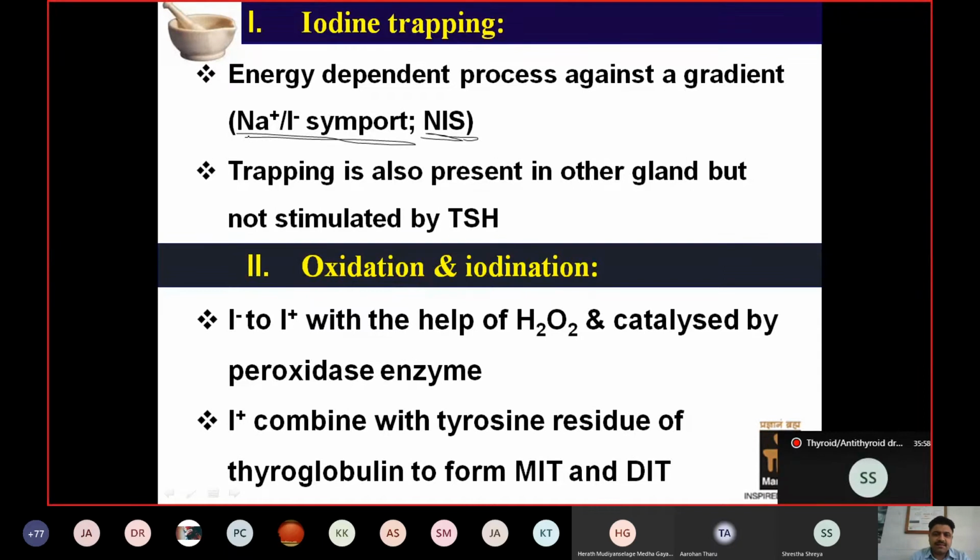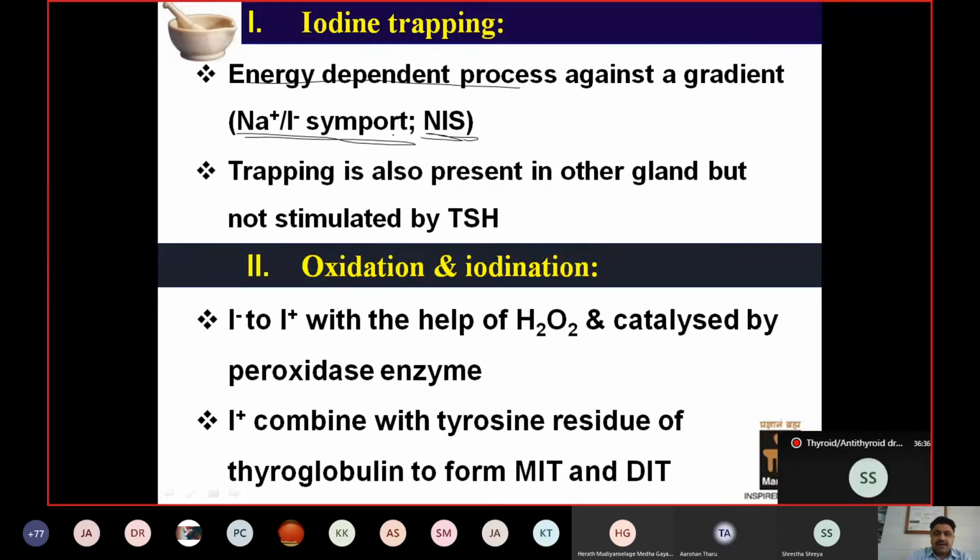There are various carrier proteins that might have been discussed in physiology. It is an energy dependent process, and it carries iodine against the concentration gradient. That means even though the iodine concentration is higher inside the cell, it carries iodine from plasma, where there is less iodine, into the cell and concentrates it there.